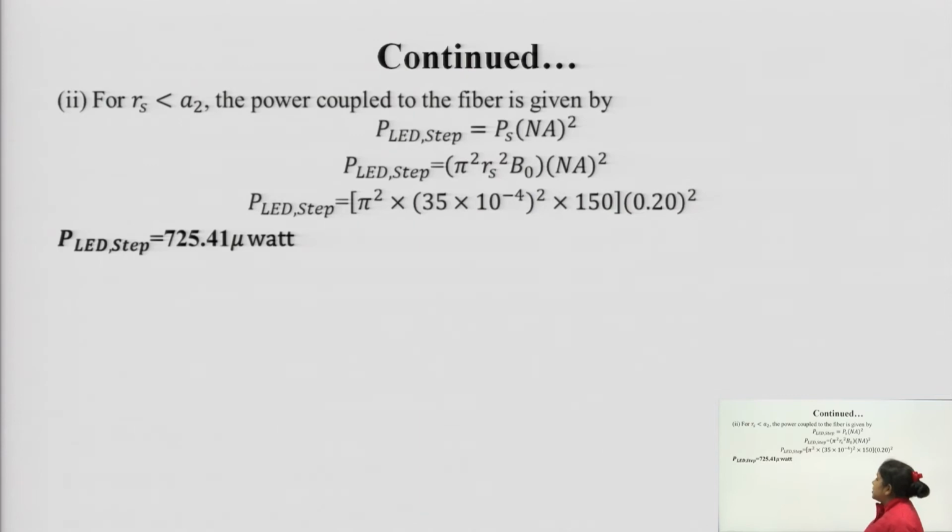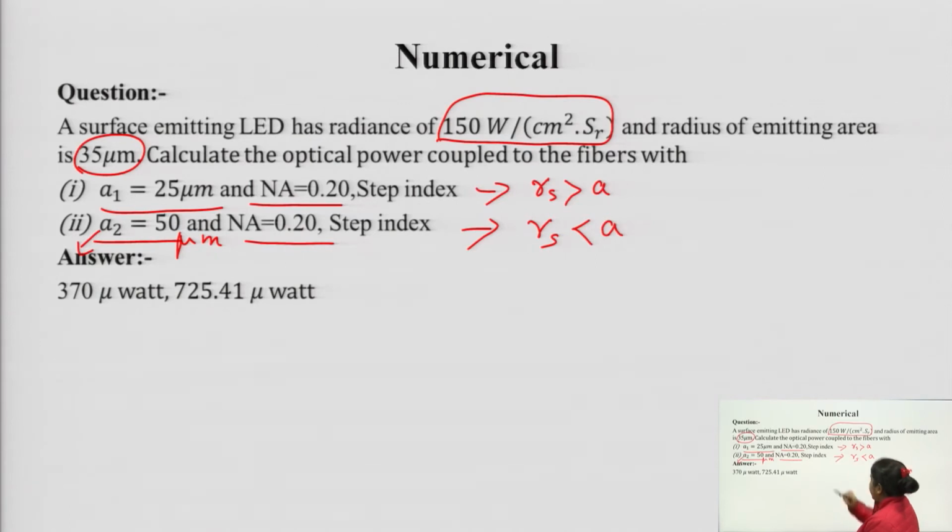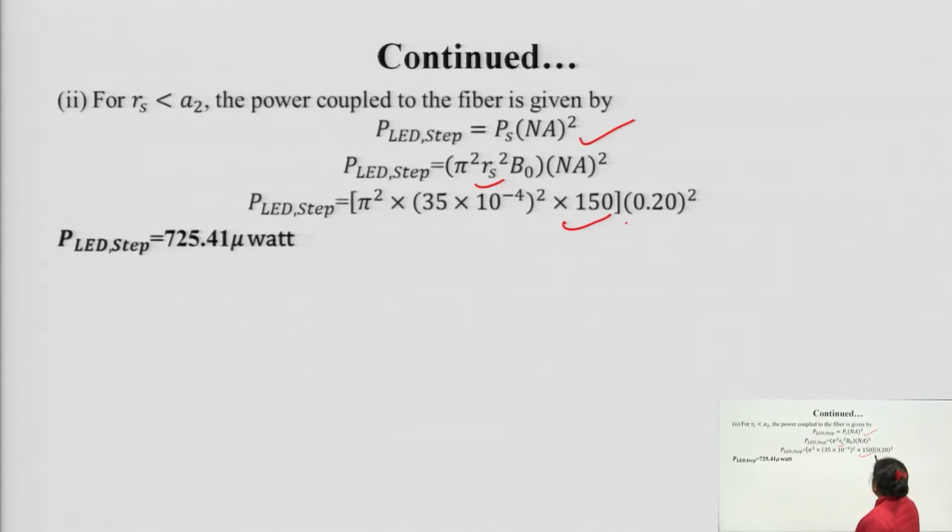So, in the second case Rs is less than A2, because Rs is 35 micrometer and A in that second case is 50 micrometer. So, this formula can be applicable. Ps is pi square Rs square into B naught. By putting the values, Rs is known to you, that is 35 micrometer, B naught is 150, and the numerical aperture is 0.2 in both cases.